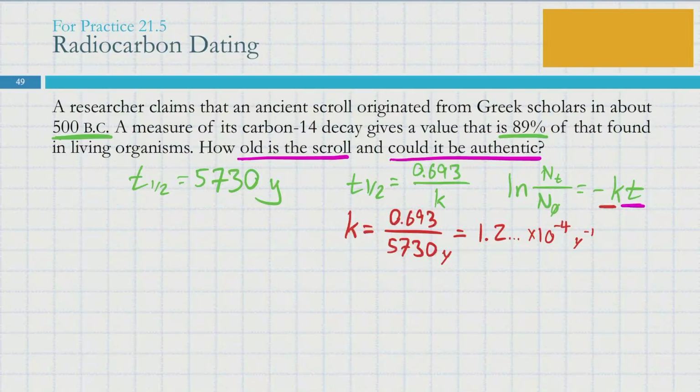So we're looking for things that have the same units. 500 BC would be a period of time. 89% would be an amount of the element. One of those is a time and the other one is a number of things. Would it be 0 and 500 then? It's not 0 and 500.